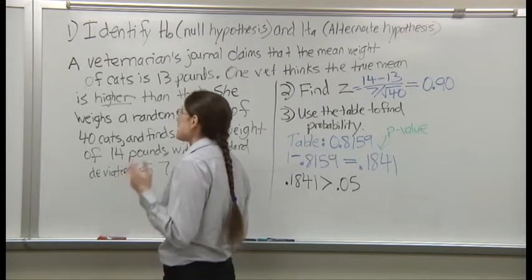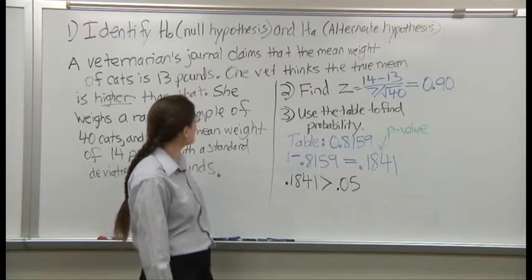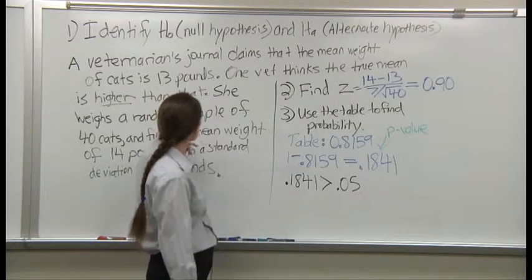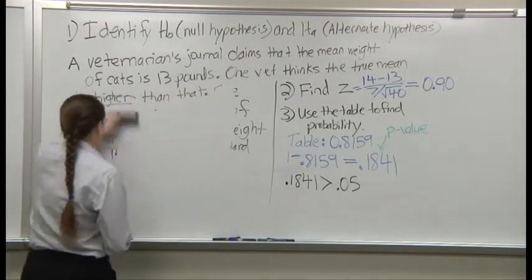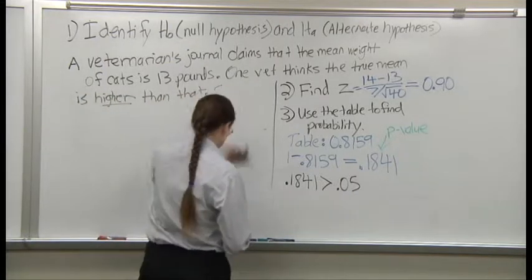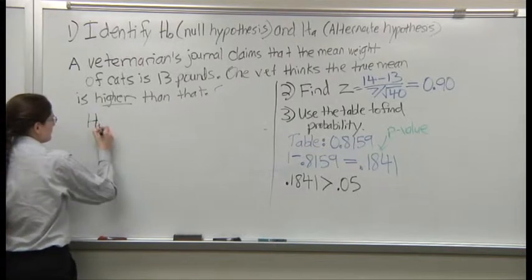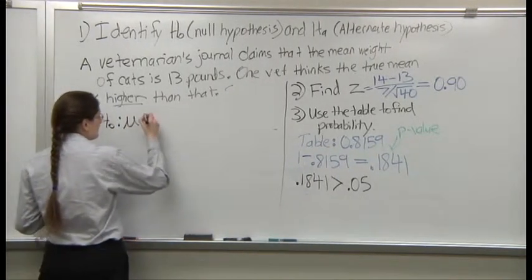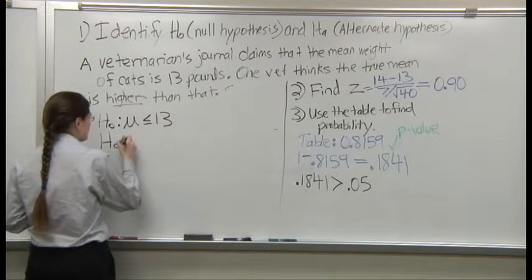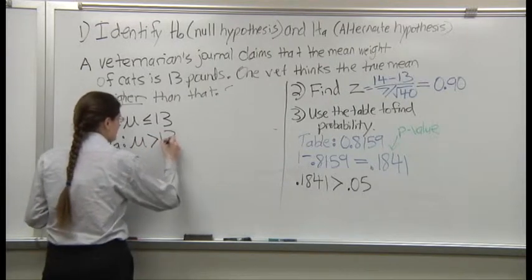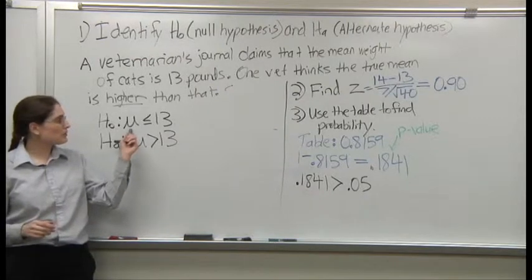So what does that say about the cats? What were we trying to prove here? Whether the true mean is 13 pounds or bigger. Remember, we had the null hypothesis that the mean is less than or equal to 13.